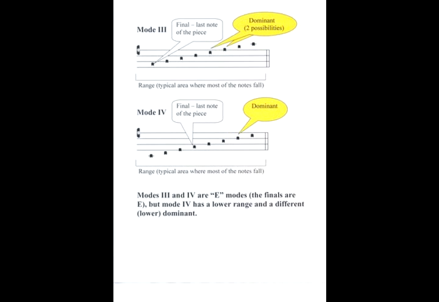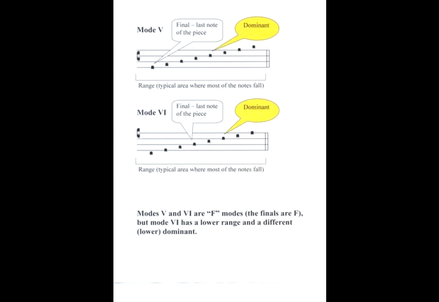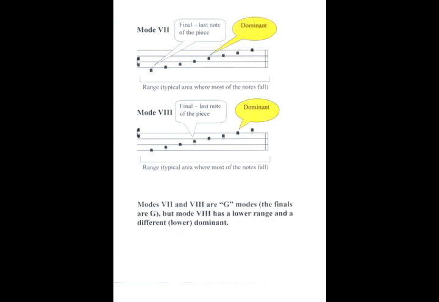For mode 4, the dominant is A, a third below C, the newer or more modern dominant of mode 3. For mode 6, the dominant is A, a third below C. Mode 8 is a little different. The dominant is C, just a second below the dominant of mode 7.